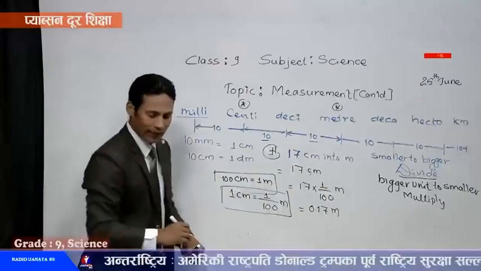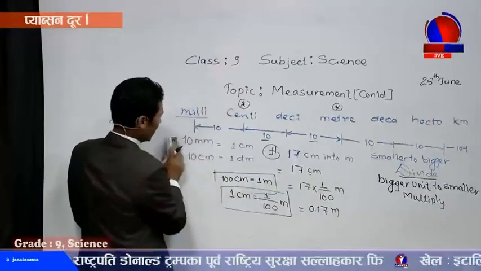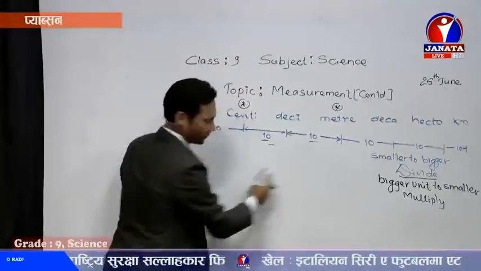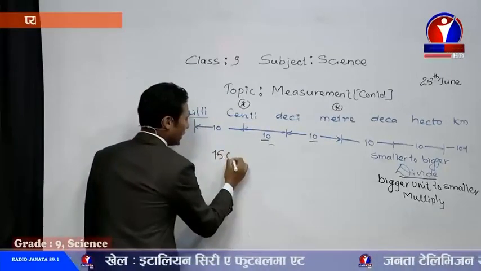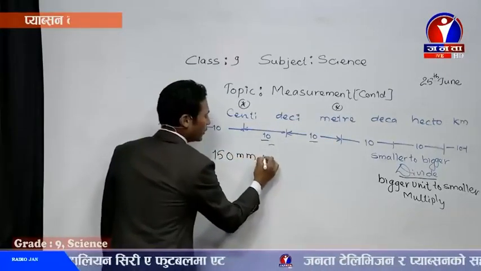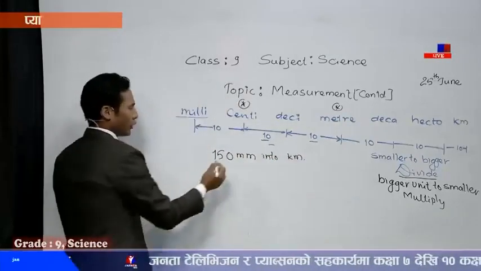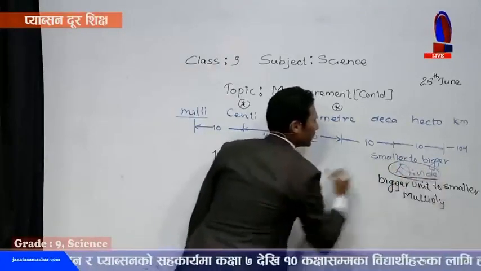One more example is there, 150 mm. Let's change that into kilometer. So the question is 150 mm into kilometer, right? Let's check this, smaller to bigger. So we have to divide.